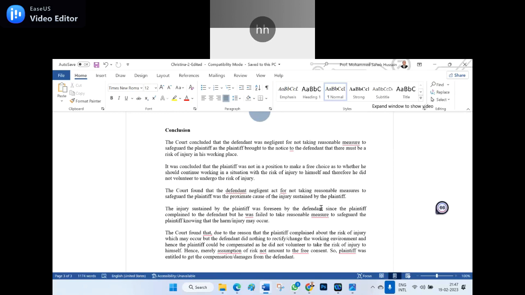As far as the second issue is concerned, here you need not write the first issue conclusion, second issue conclusion, third, fourth, fifth issue conclusion. But in the application you have to write: as far as the first issue is concerned, as the second issue is dealt with, throw light on the third issue, discuss the fourth issue, and make a discussion on the fifth issue.